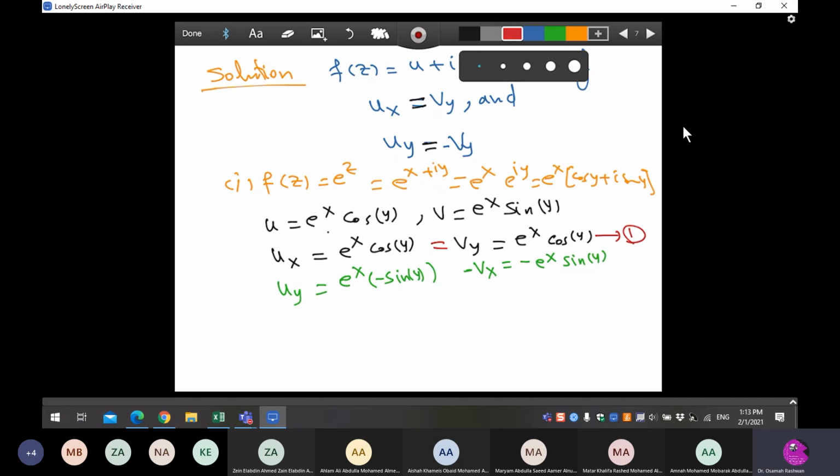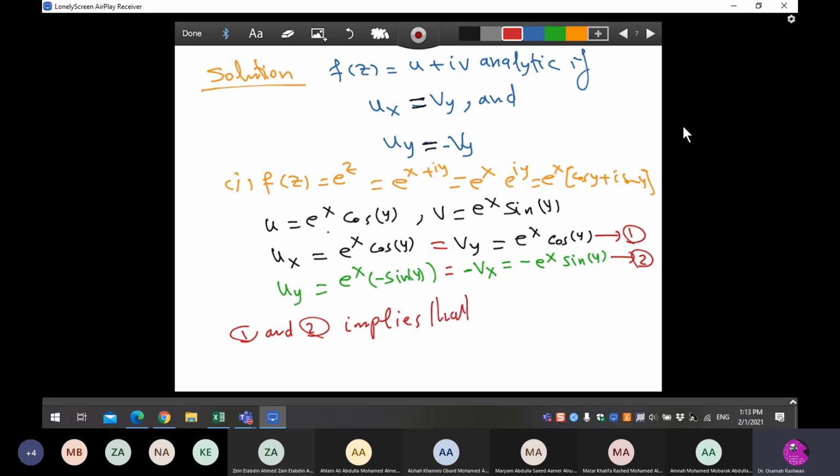Are they equal? Yes, they are equal. So what can I say? 1 and 2 imply that f of z equal to e to the z is analytic. Easy?